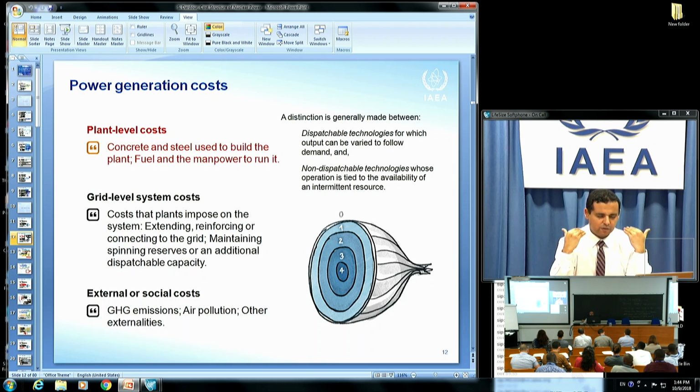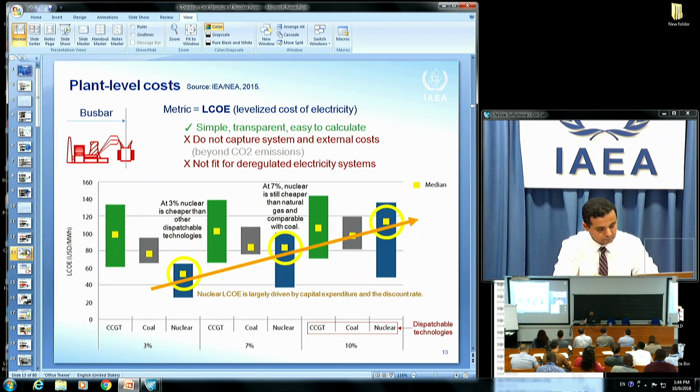So this distinction is important for the second cost category, which is grid level system costs. So slide 13. This figure in this slide is from the OECD Projected Costs of Electricity 2015. I shared this document with you.